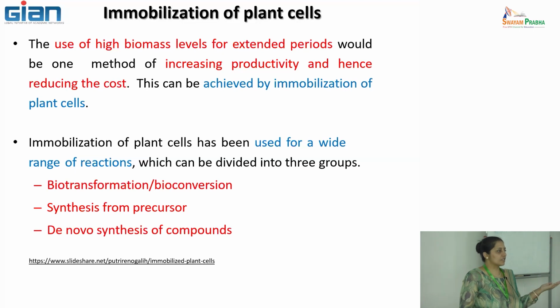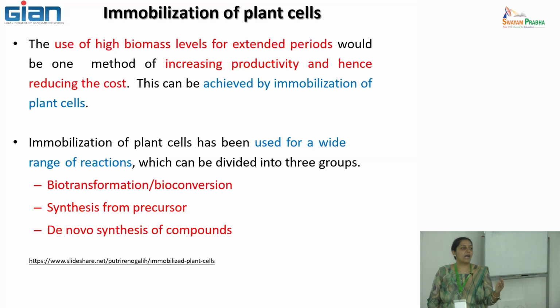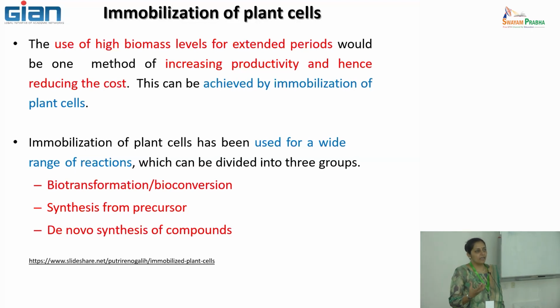So a low cost substrate is getting converted to a high cost product. Synthesis from the precursor: you can also add the precursor, because you are using the whole cell as the enzyme repository. So there is a good chance that the precursor can be converted to product.